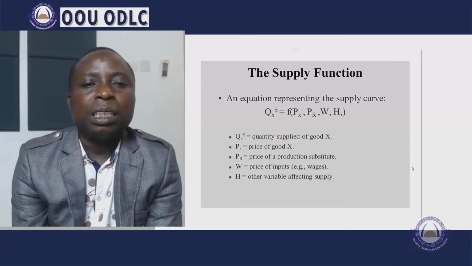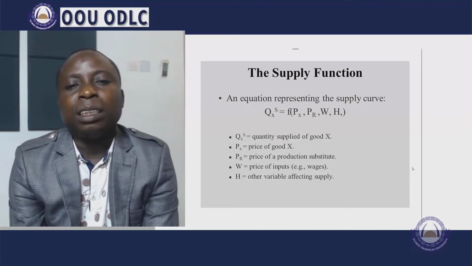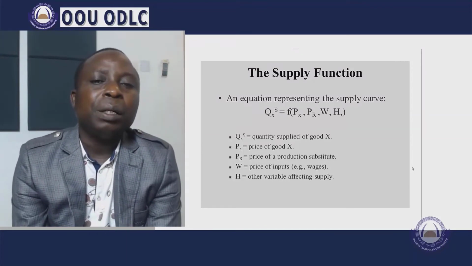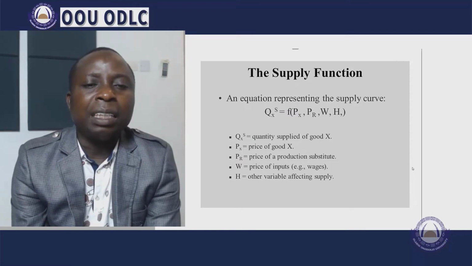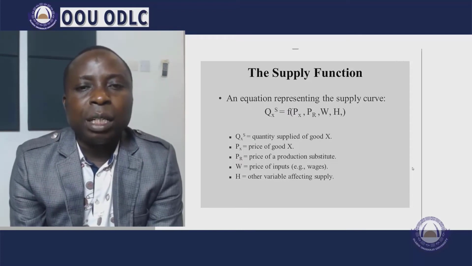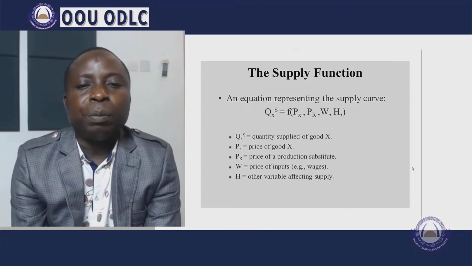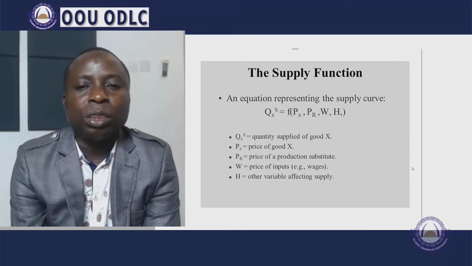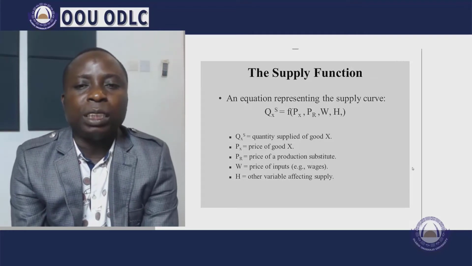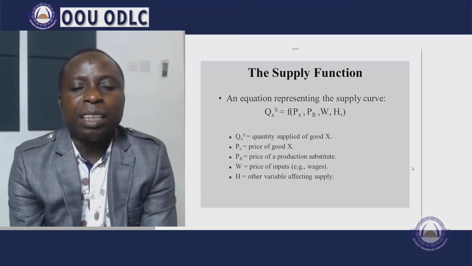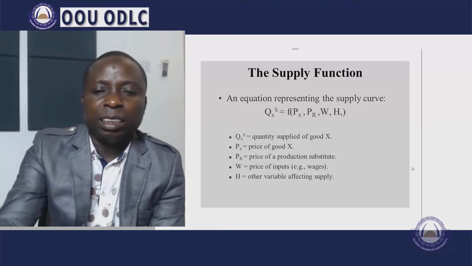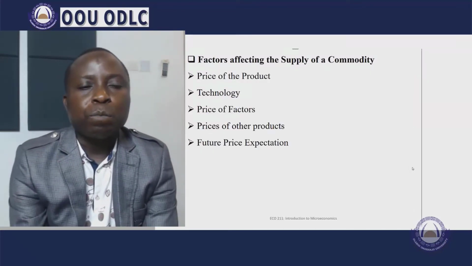That is, Qs is the quantity supplied, Ps is the price of good S, Pr is the price of a production substitute, W is the price of inputs, that is wages. H represents other variables affecting supply.